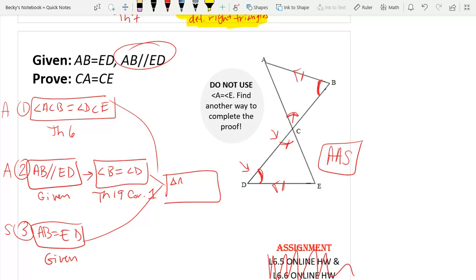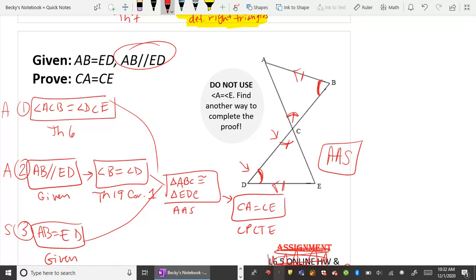ABC. A corresponds with E. And I'm using my markings to help me. B with D, C with C. And this is AAS. And then lastly, what you're trying to prove, CPCTE. All right. We are finished.